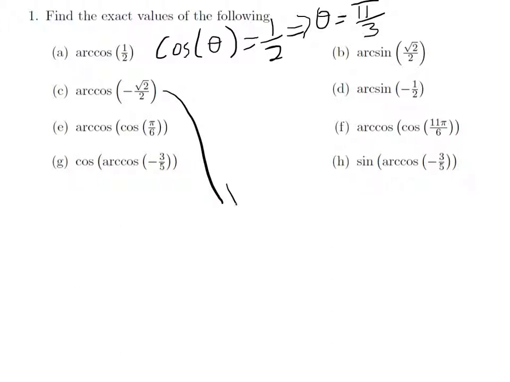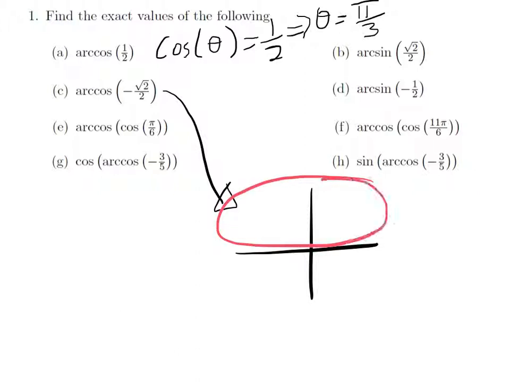So consider that these are the possible answers. You want to find an answer where cosine equals negative square root of 2 over 2, and that answer would be here. Because all students take calculus, we know cosine is negative in quadrant 2. That would be 3 pi/4.